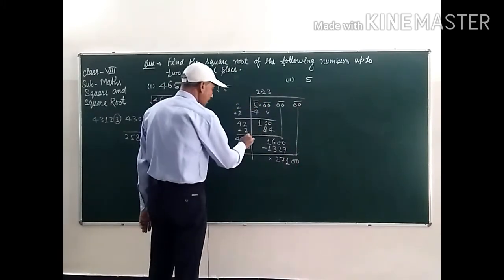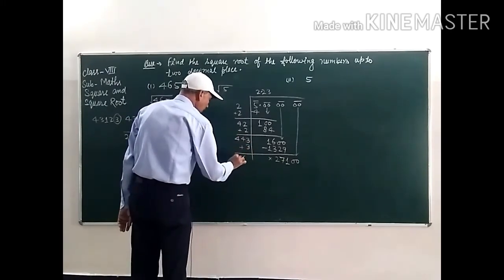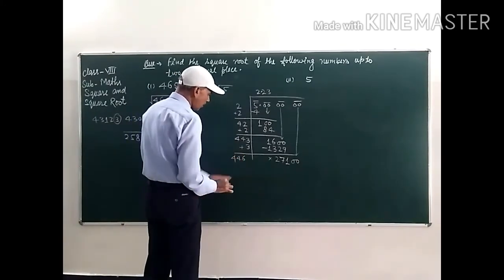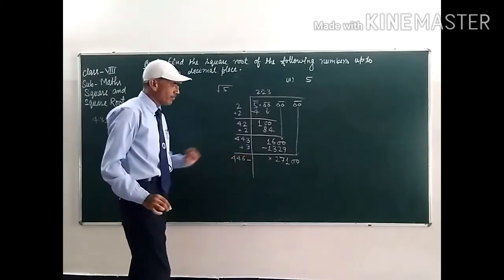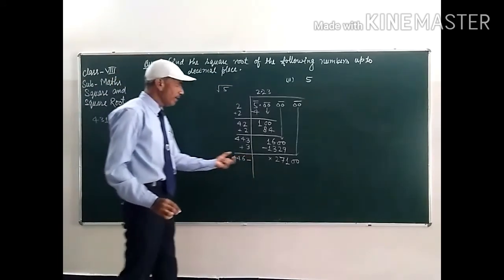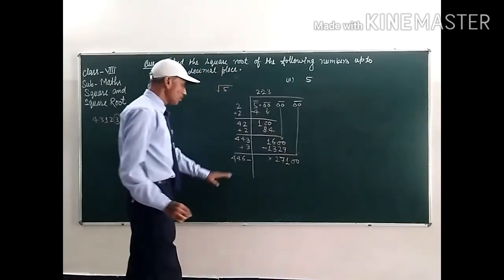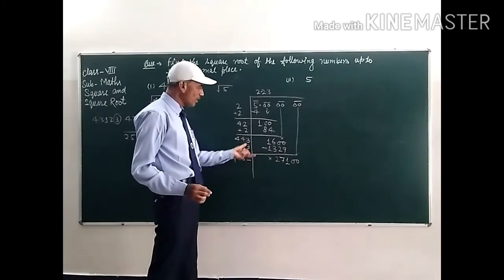Okay students, and add this 3 3 6, 4 4. This number is 4460 to 4469, and this number is 27,100. So 4 4 ja, 4 6 ja 6 times, 4 6 ja 24.